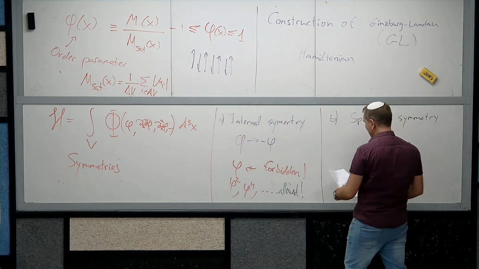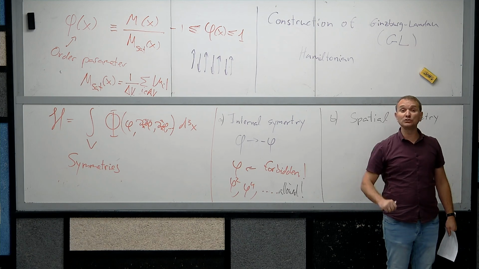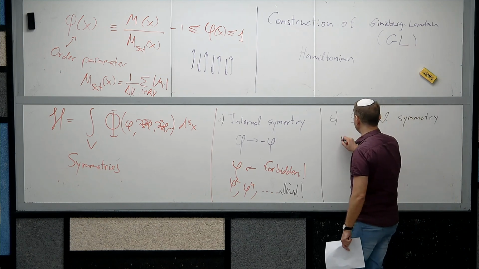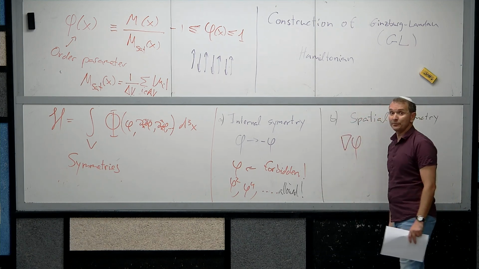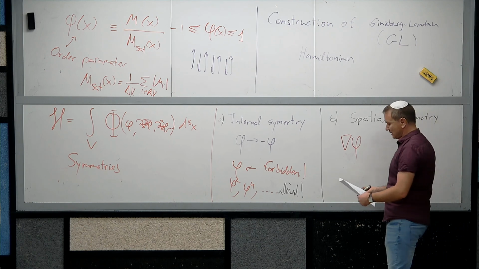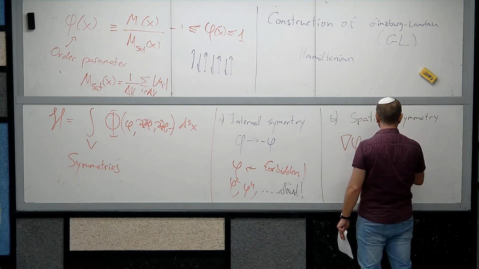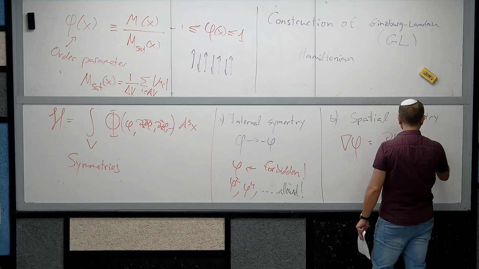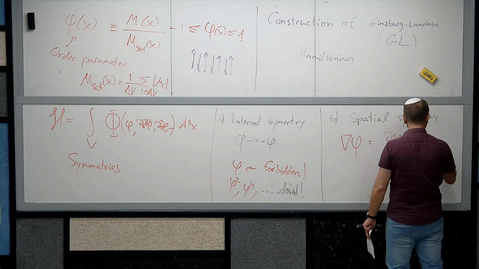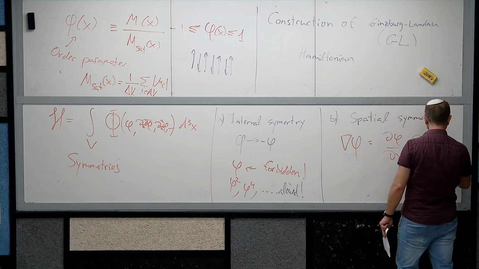Now think about it. If I have a derivative of phi, what is a derivative of phi? I have a gradient of phi. In my case, the gradient of phi is d phi to dx, d phi to dy, d phi to dz.